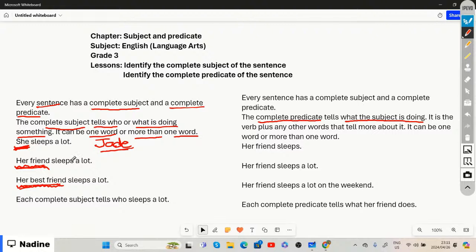So here we have identified who the subject is, because it tells us who did whatever. But now when it comes to a predicate, the complete predicate tells what the subject is doing. So it tells us what the subject is doing, the action that either the person or people or thing is doing.